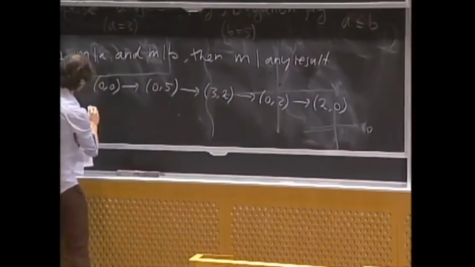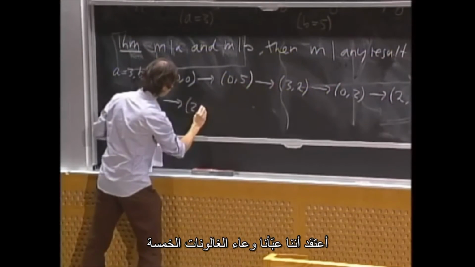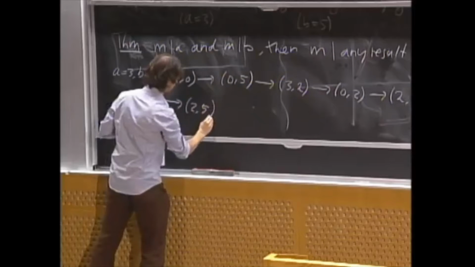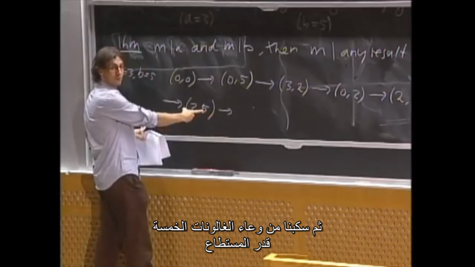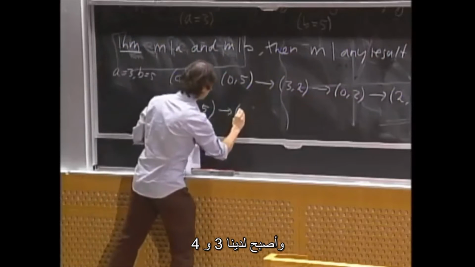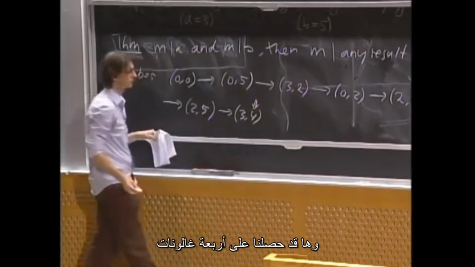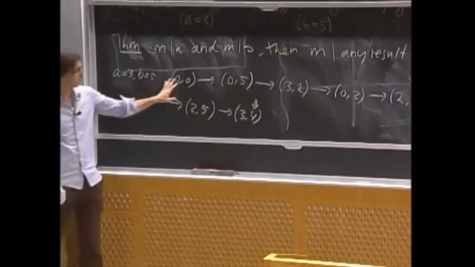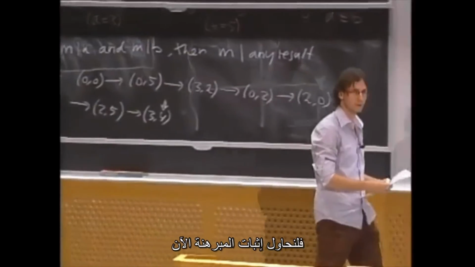Actually, I forgot exactly what we did next, but I think we filled up the 5-gallon jug. And then we simply poured over as much as we could from the 5-gallon jug. And we got 3 and 4. And here we are. We got 4 gallons. So what we just did is fully described by this state machine. So let's now try to prove this theorem.